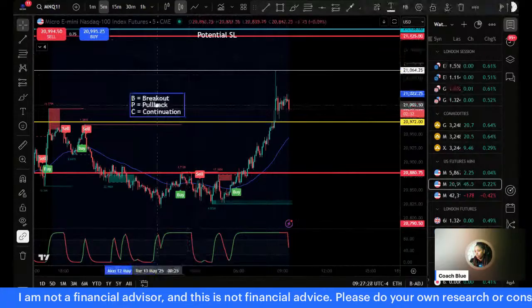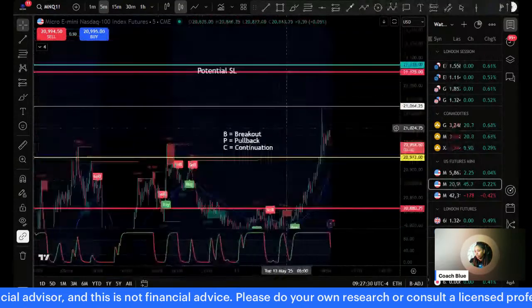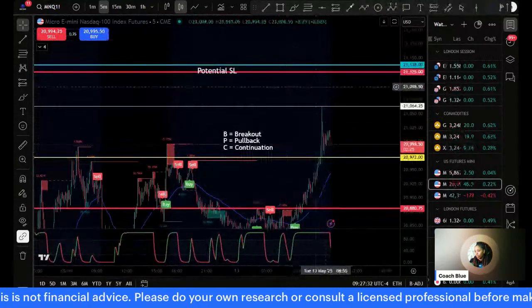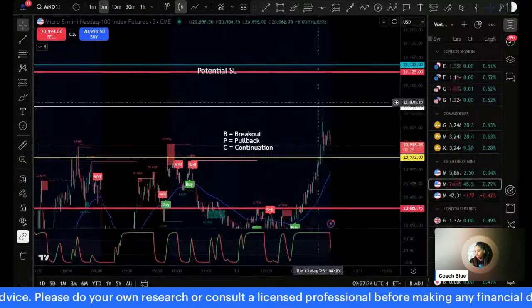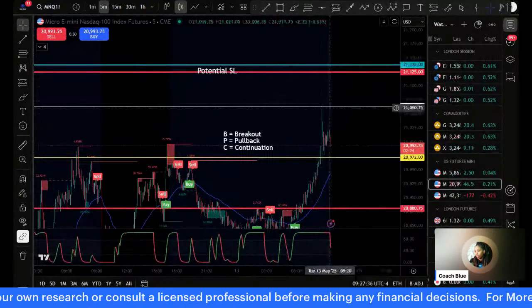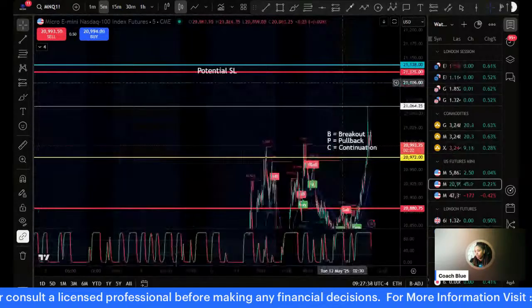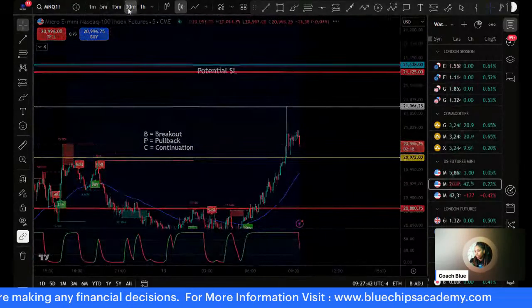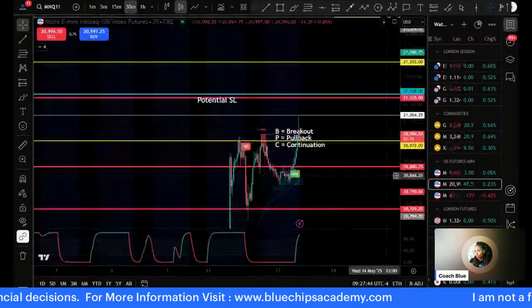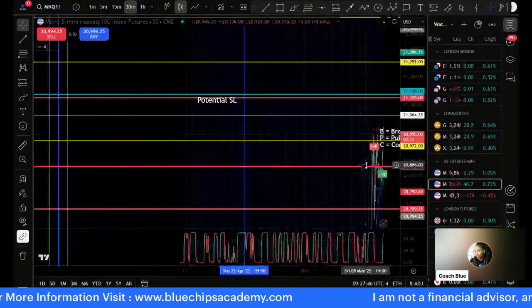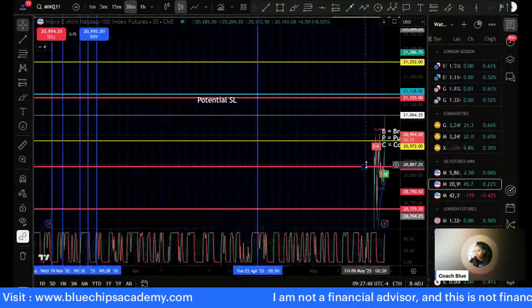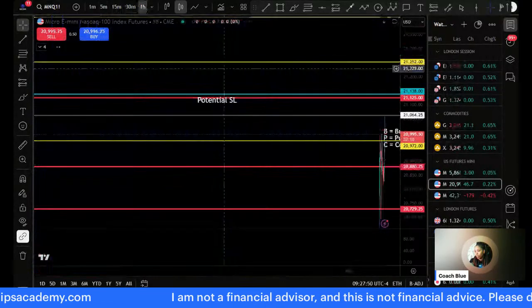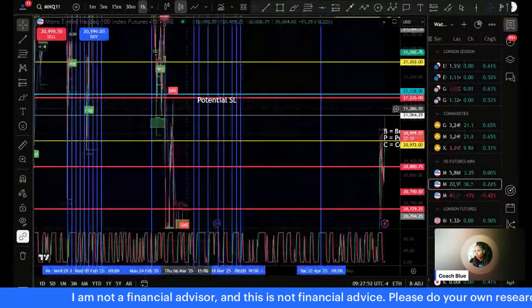All right, so now if we break past here, guys, the price gap, meaning the potential price movement between here and here, is pretty decent. Let me go to the higher time frame and see what we got. Okay, here we go.